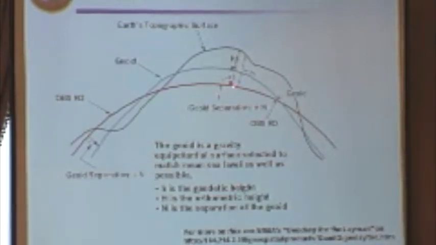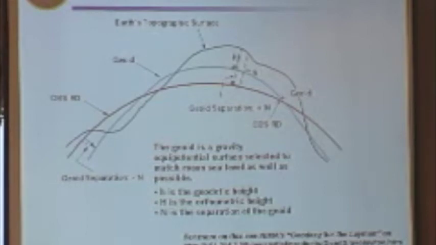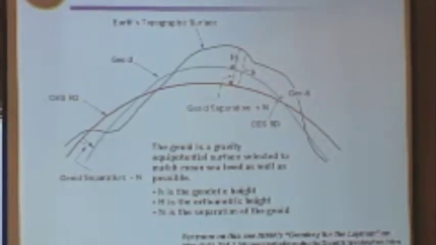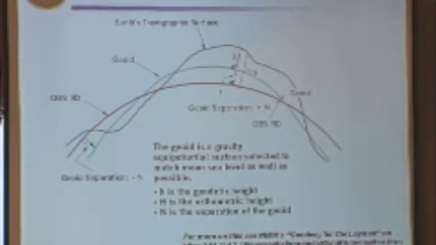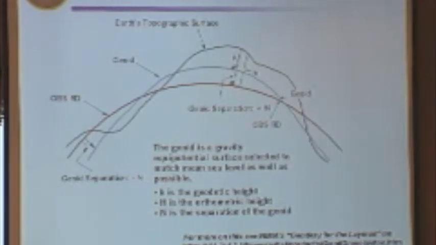The distance perpendicular to the same point from the ellipsoid is called geodetic height, and they're slightly different, but near the surface they're almost the same. So we don't treat them as vectors, we just subtract them to get an approximation to the separation of the geoid. The geoid is a gravity equipotential surface.